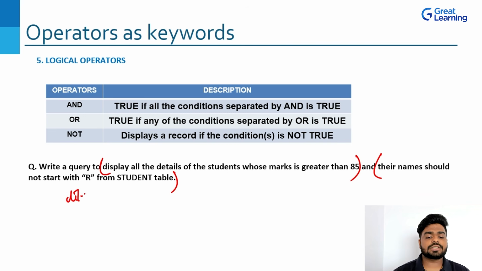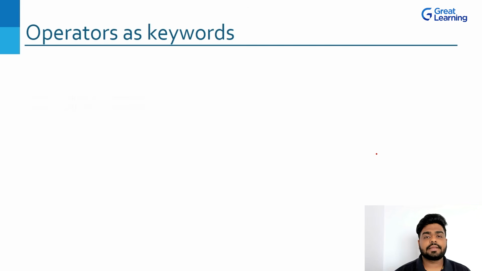Don't you think we should use the LIKE operator here? And don't you think we should use the relational operator here? Now there's one more thing, which is AND. So we can use the logical operator AND here. Let's see what the answer will be.